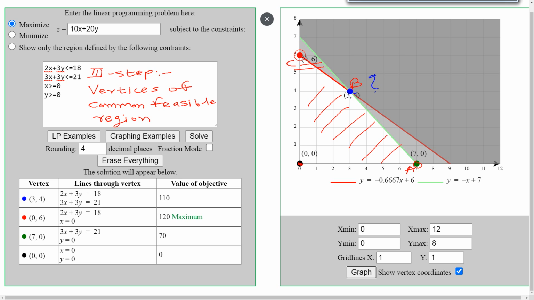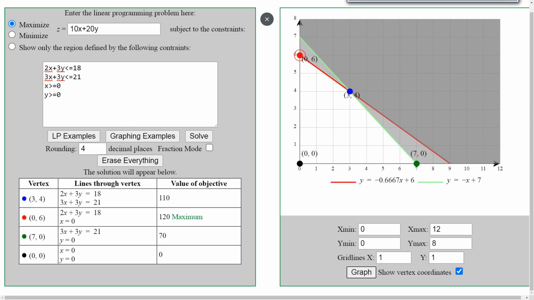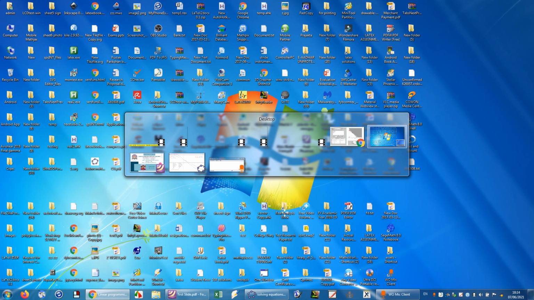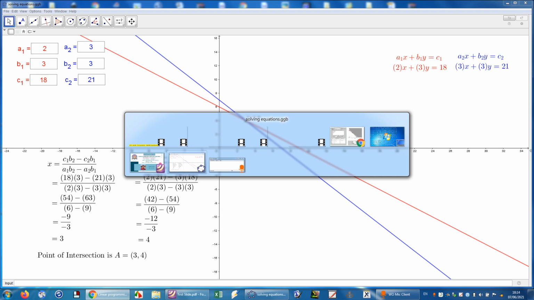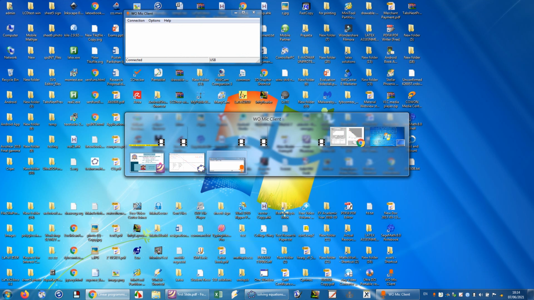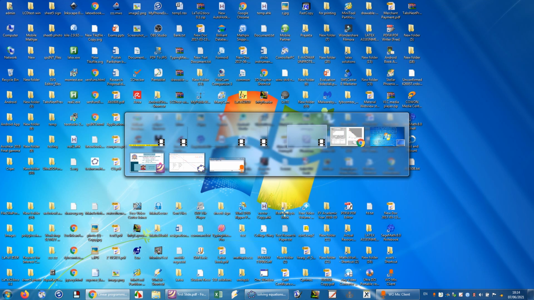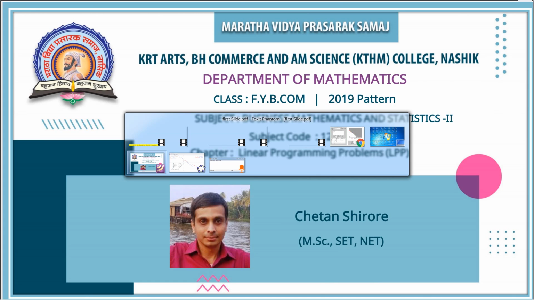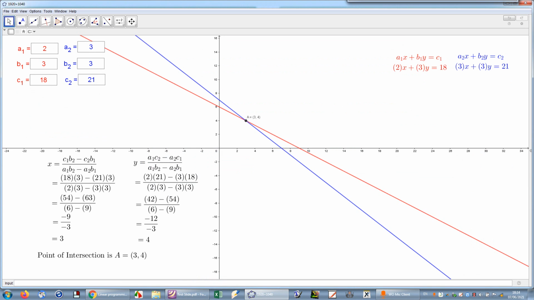So let us see how we are going to find the vertex which is the intersection point of two lines. Recall the equations of the two lines.